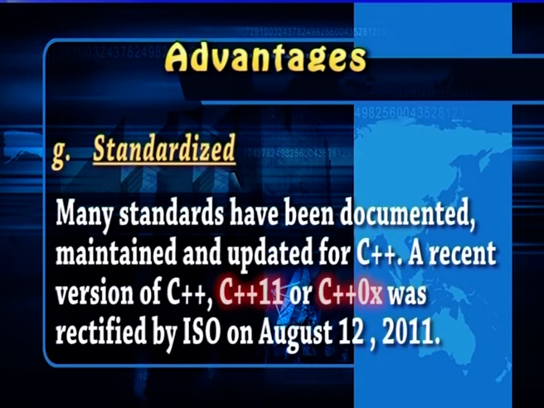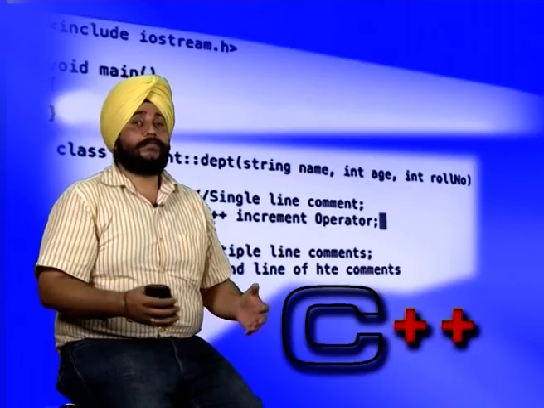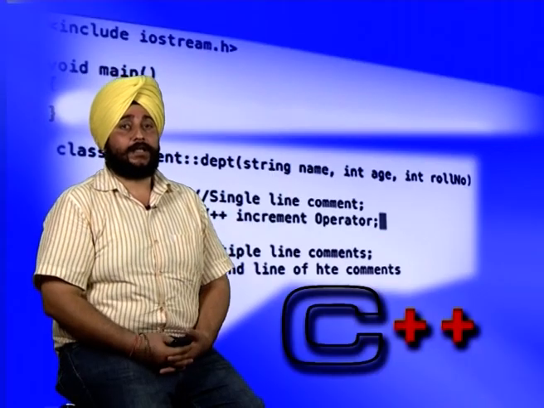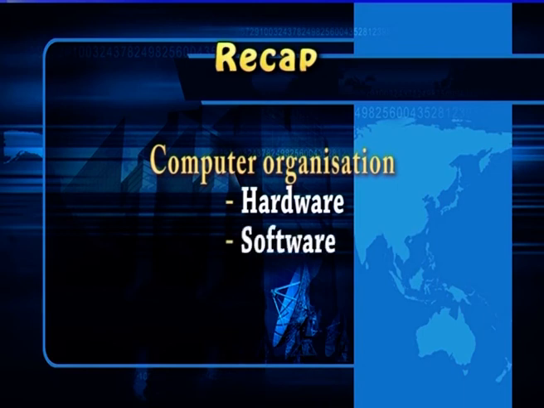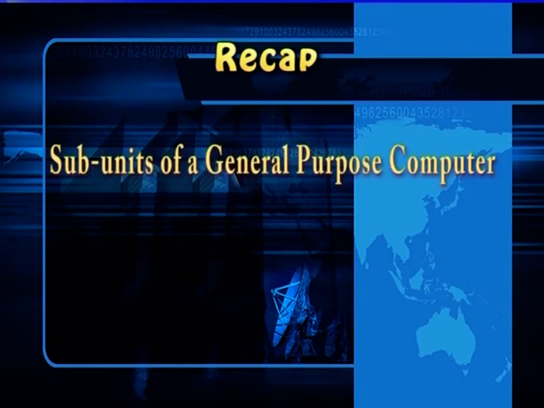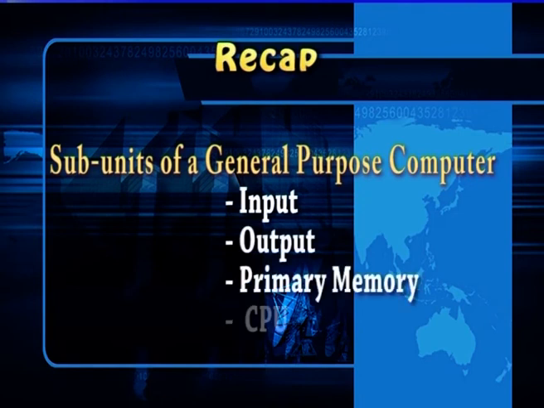Dear viewers, in this lecture we had a glimpse of the computer organization. A computer consists of hardware, which is tangible, and software, which is a non-tangible component. The general purpose computer comprises 4 units, namely input, output, primary memory, and CPU.